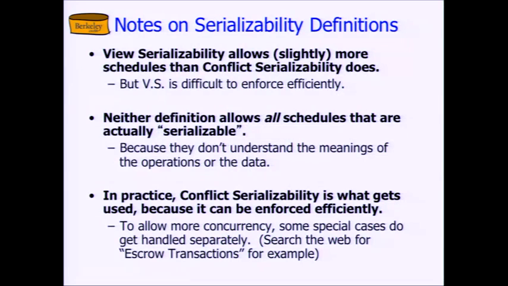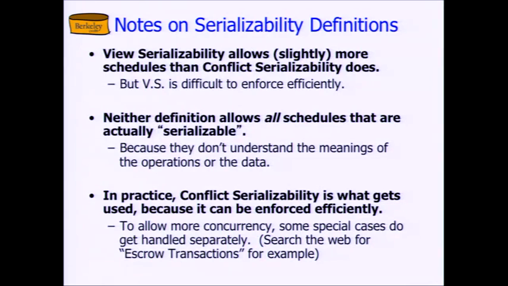And just to give you the flavor, escrow transactions reason about increments and decrements. So the classic example is bank accounts. If you deposit $1,000 and withdraw $200, the net total is that you've added $800 to your account. And it kind of doesn't matter what order you do them in, as long as your account balance doesn't go below zero. And in some countries, actually, it's okay for your account balance to go below zero for a little while.